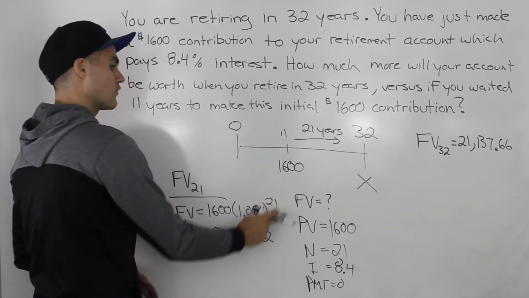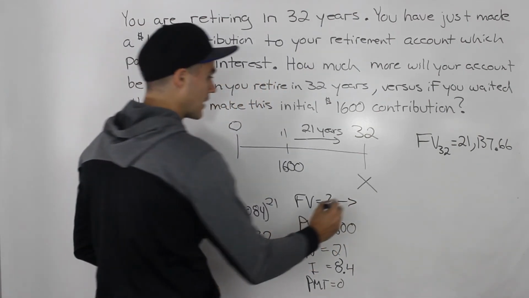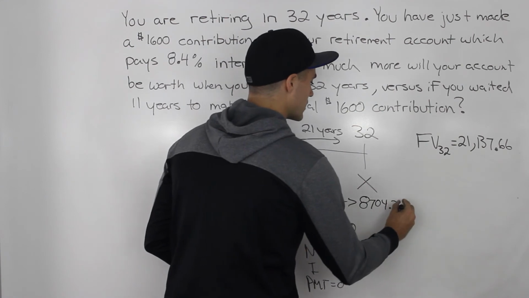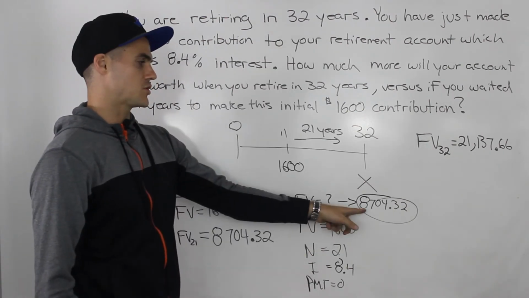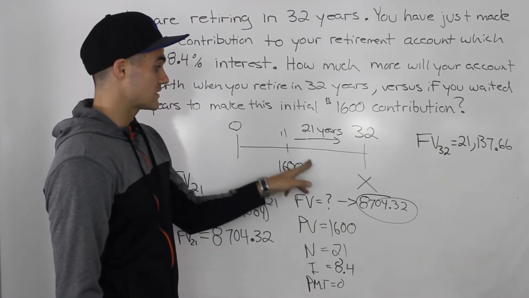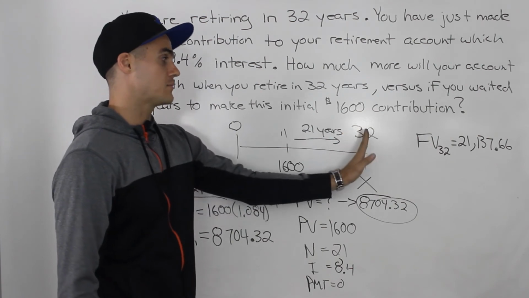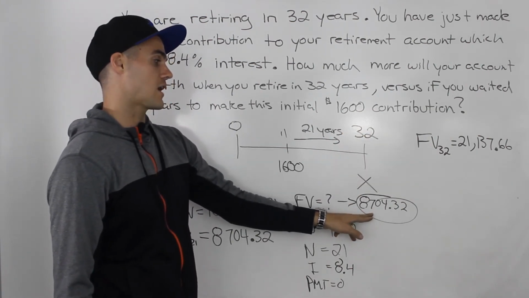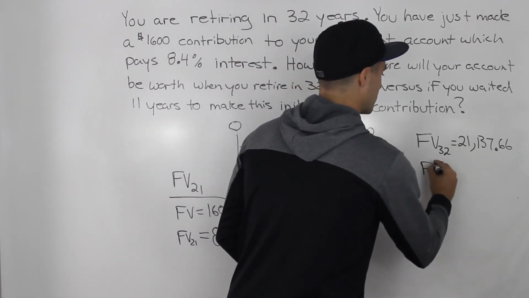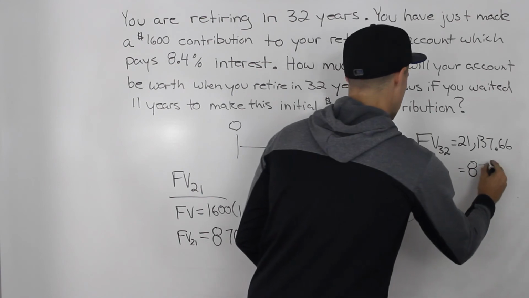When you input these four variables and solve for your future value, you end up getting the same amount, 8,704.32. So that's how much your retirement account would have if you invest 1,600 in time 11 for 21 years, up to year 32 when you retire. So this represents the future value of the other scenario.